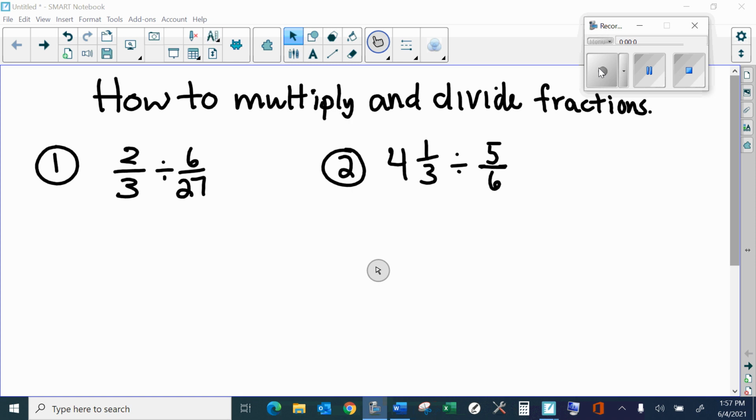Okay, students, we're going to first talk about how to multiply and divide fractions today. So I'm going to start with division here. It doesn't matter. Division and multiplication are similar.